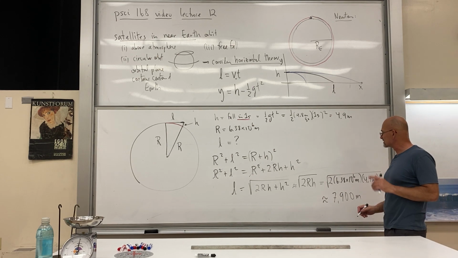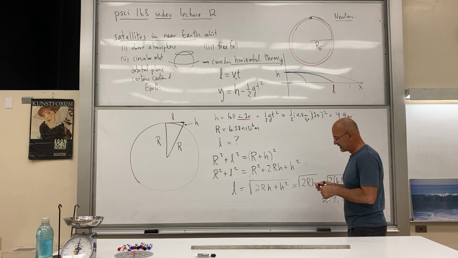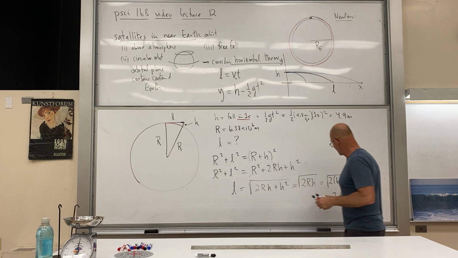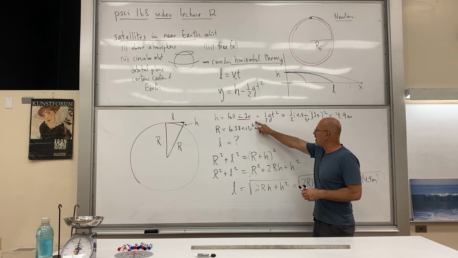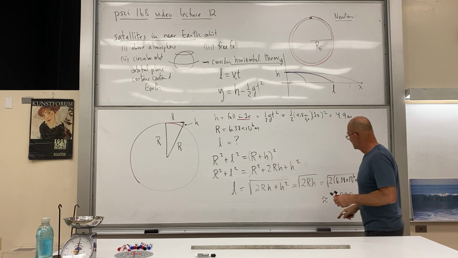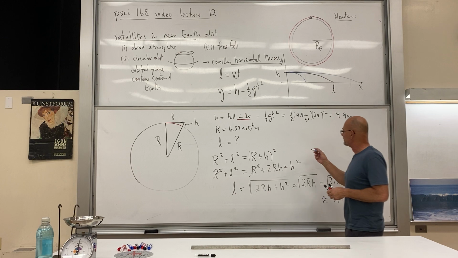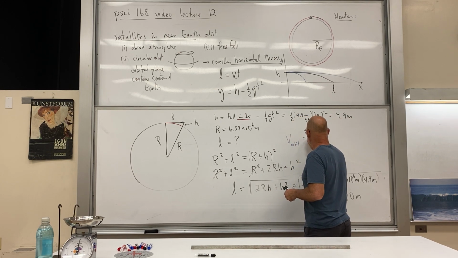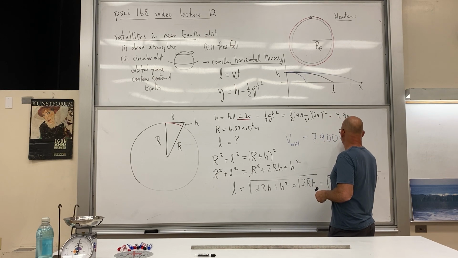That's close enough for us, and because of that, we're going to say it's that many meters per second, because this H was falling in 1 second. So our orbital speed is 7,900 meters per second. V orbit is 7,900 meters per second.